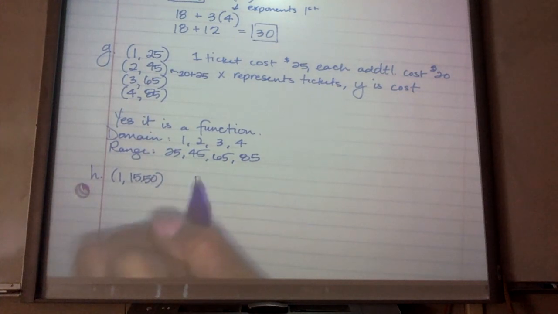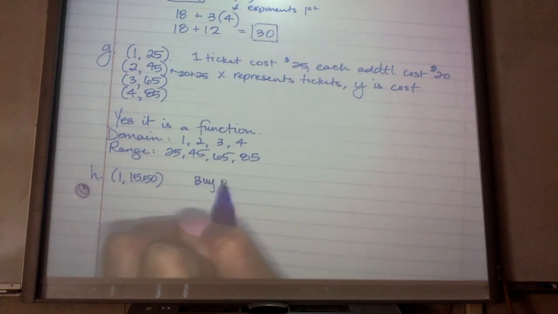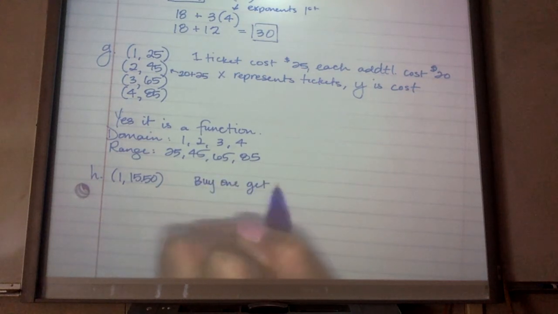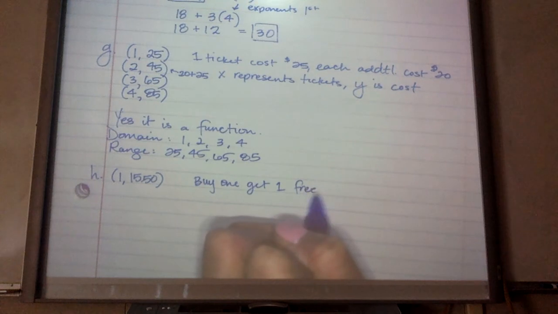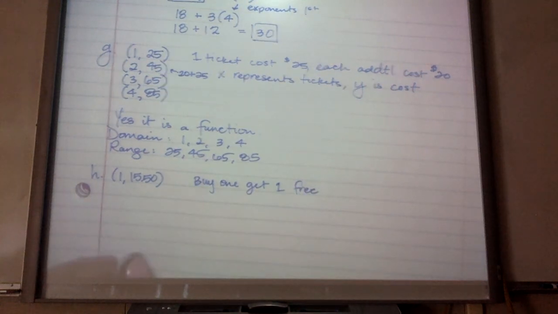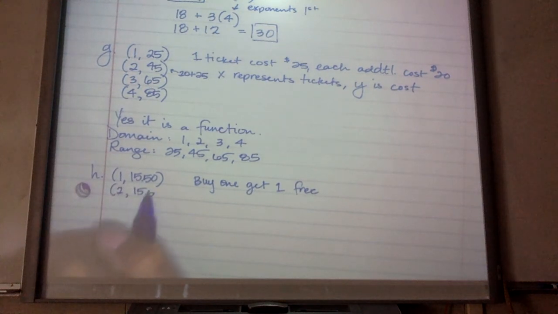So that means that if I buy 2 t-shirts, I still pay $15.50, right? Because I bought one, I get the second one free.